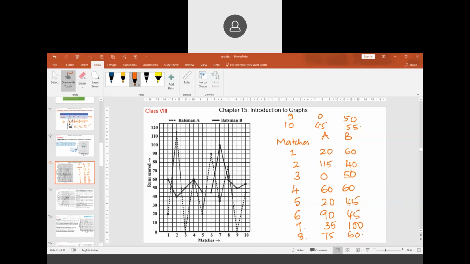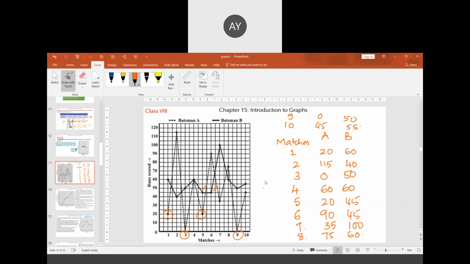No. That was a wrong question. Batsman A's score is same in these places, 3 and 9 and 1 and 5. Their scores are same. For batsman B, his score is same in these two matches, 5 and 6.